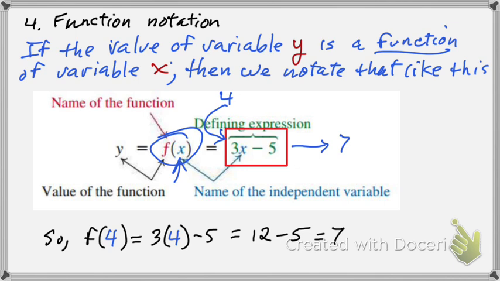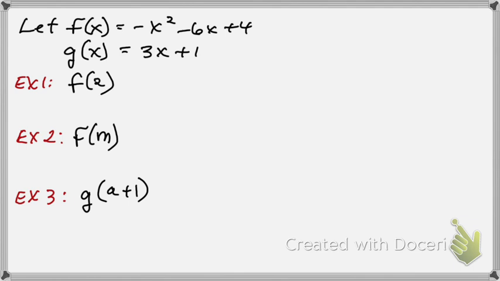All right, let's take a look. If you'll copy this down, let's work a few examples here. And these are like the homework is going to be. We have two functions here, f and g. Both of them are functions of x. And so example 1 says, basically, that's shorthand for evaluate function f when x is 2.